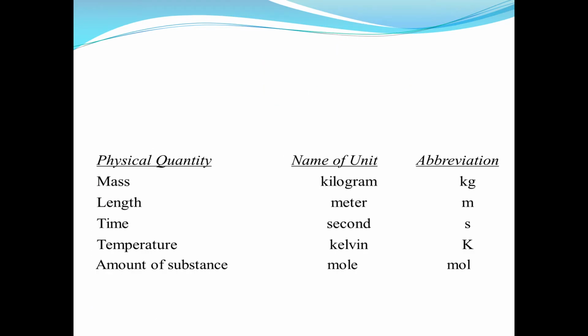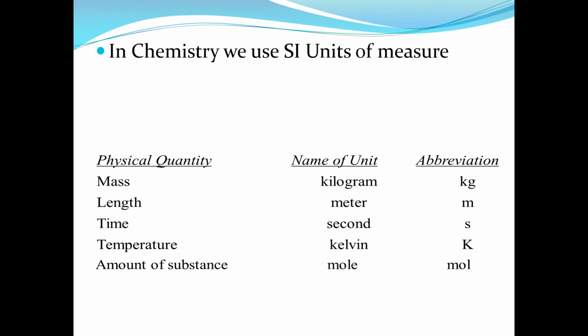So physical quantity, mass, the unit that is most often used is kilograms. These are the SI units of measurement. We will be slightly adjusting it. Usually it's better to use grams, but in calculations we usually always use kilograms. I might slightly change it and have you do grams instead of kilograms.